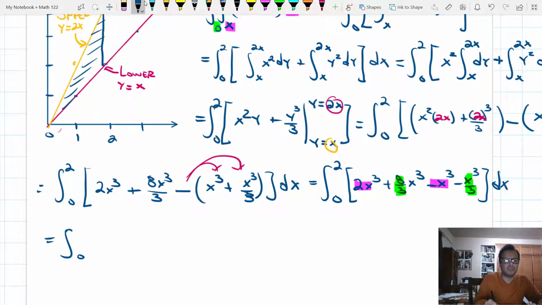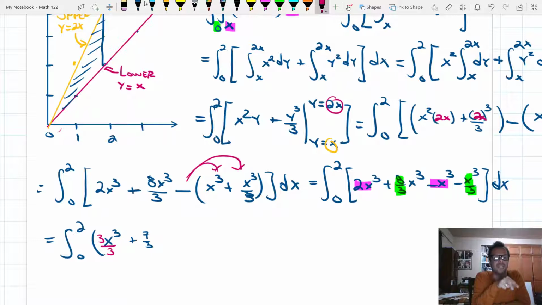So the integral from 0 to 2, so 2x cubed minus x cubed, this will be only 1x cubed. And 8/3 minus 1/3, this will be 7/3, right? Nevertheless, we are going to be in the need of writing a missing factor right here.